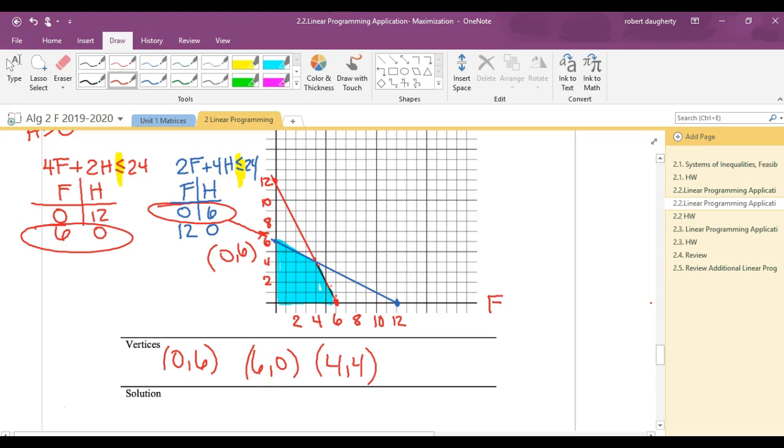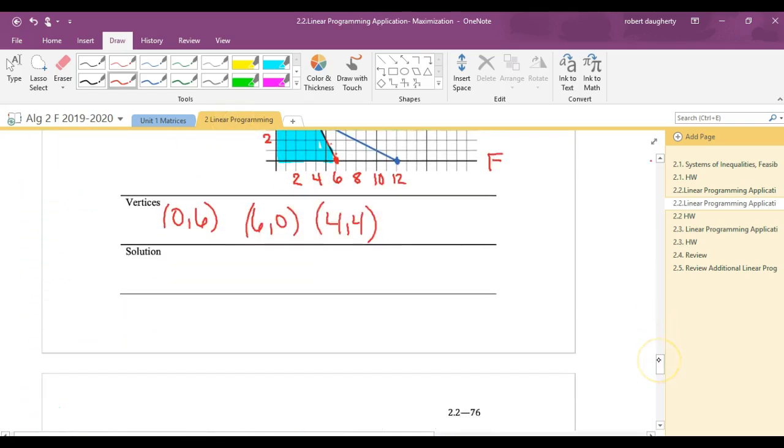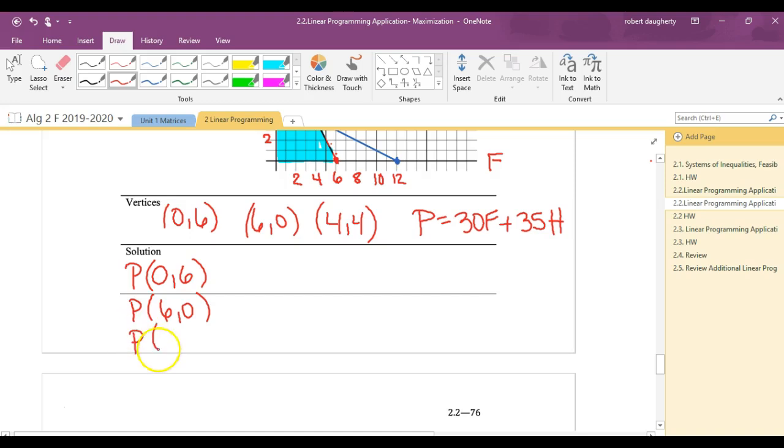So back to this. Now I just need to plug into that profit function. That profit function was 30f plus 35h. What is my profit at 0, 6? At 6, 0? And at 4, 4?